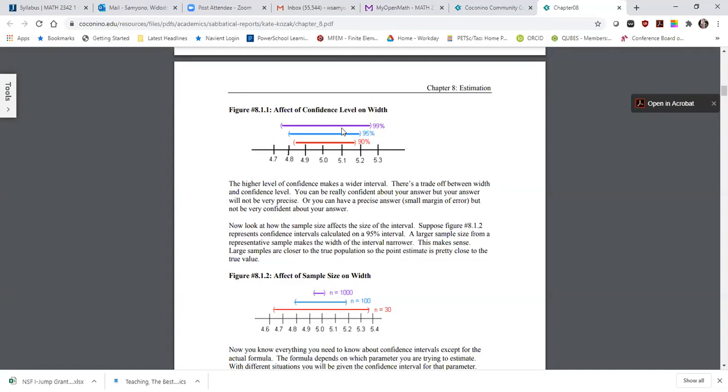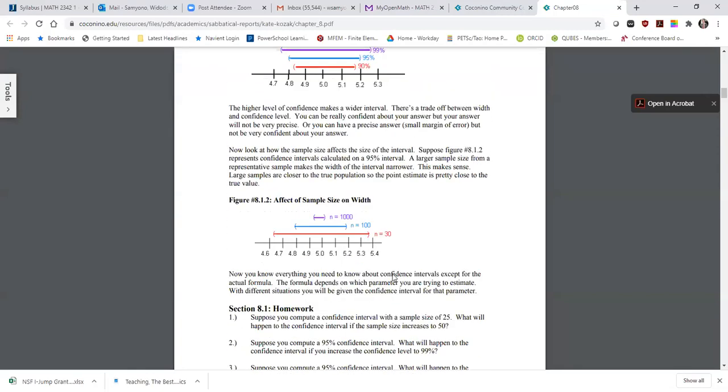You can see the wider the interval, the higher the percentage. Okay. And if you want to compare with the effect of the sample size on the width, you can see this example here. Okay.